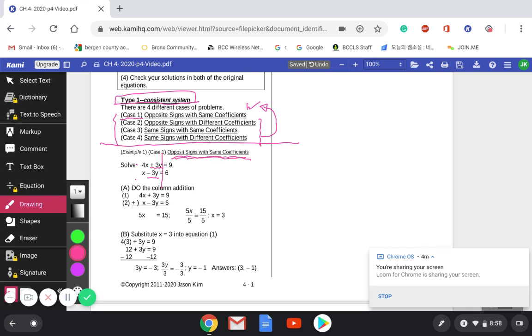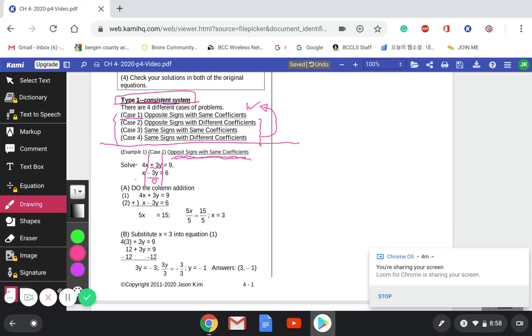So if you look at the y value, not the x value, one is positive 3y, the other is negative 3y. When you do the column addition, adding them together top to bottom, they end up with 0. In that way, you can get rid of one of the letters. So you end up with only one letter, x, because y cancels to 0. So you can solve for it.